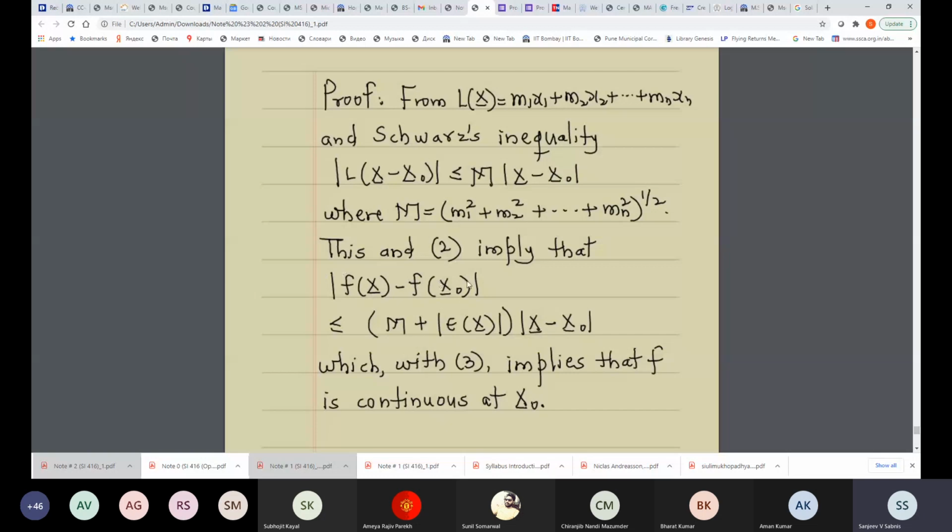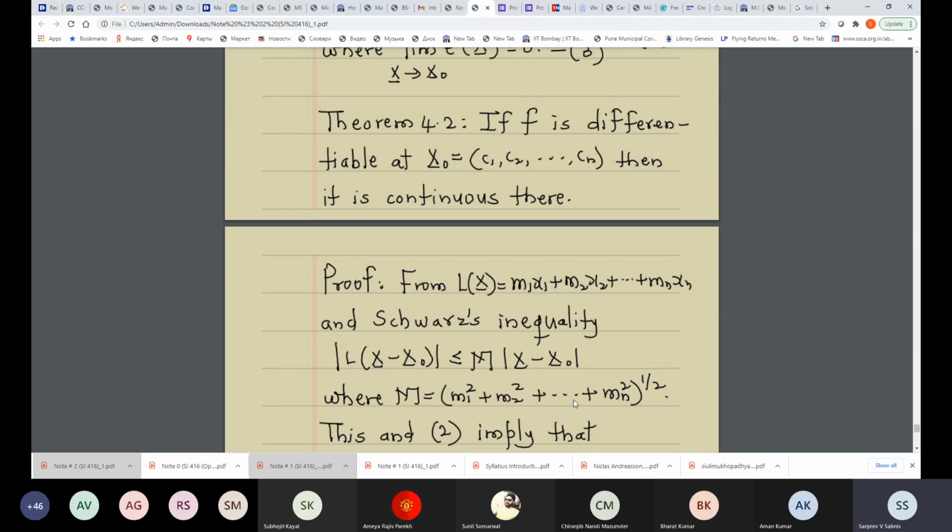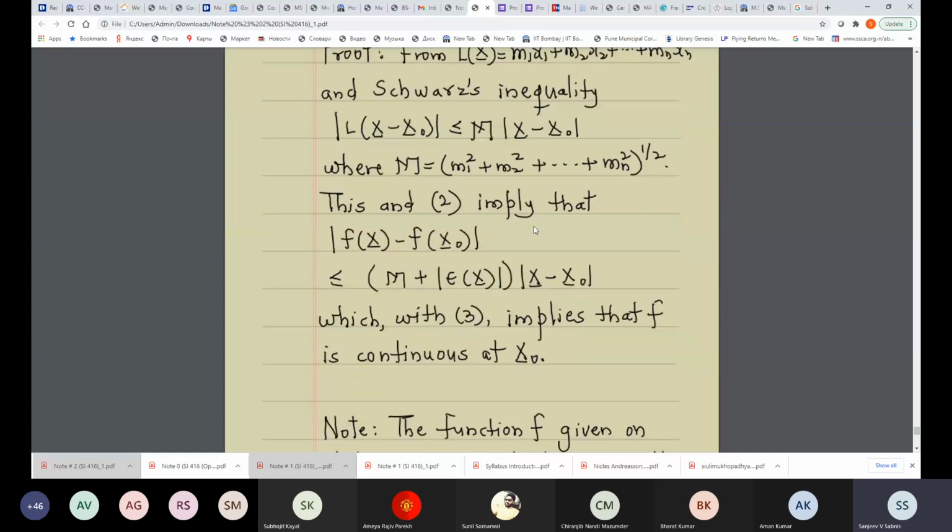Okay, so as x goes to x naught, this thing goes to 0. And that implies that if the function f from Rn to R is differentiable, it has to be continuous at that point. Okay, fine.